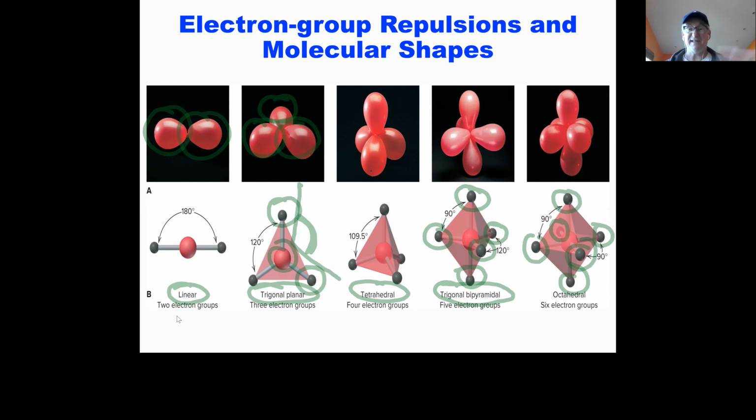And so we all have these different angles show up. Linear, we have 180 degrees. That makes sense. It's completely flat. It's 180 on this side, 180 on the lower side. That gives you the full 360. When you have a trigonal planar, there's 3 in a plane. So again, you have 360 degrees broken down into 3s, so that each of those bond angles is 120.